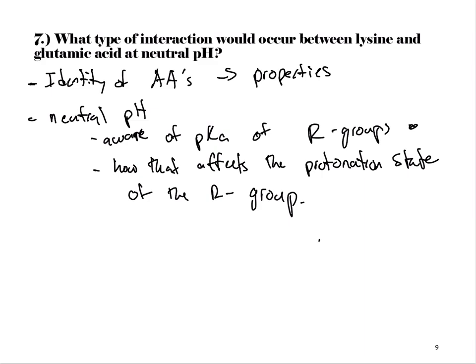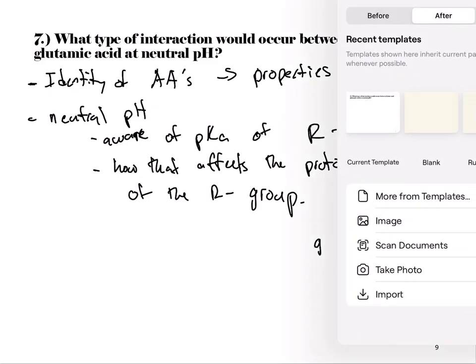So glutamic acid, I'm going to do this on another slide. Let me see what it looks like because I don't remember it. We have, as always, our alpha carbon, our carbonyl carbon, our C terminus, and our amino terminus, and then 1, 2, 3 carbons, and then OH.